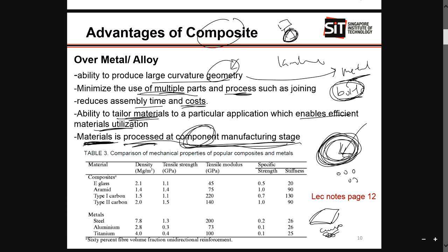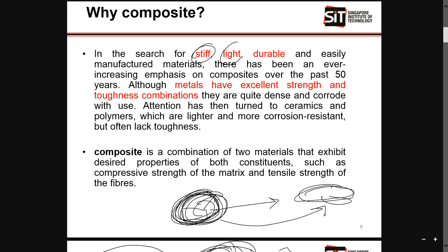What I've been talking about is the advantage of composite over metal. So you're comparing composite and metal. Therefore it can be stiffer, lighter, and more durable. Although metals have excellent strength and toughness combinations, they are heavy and corrode, while your composite itself cannot corrode.